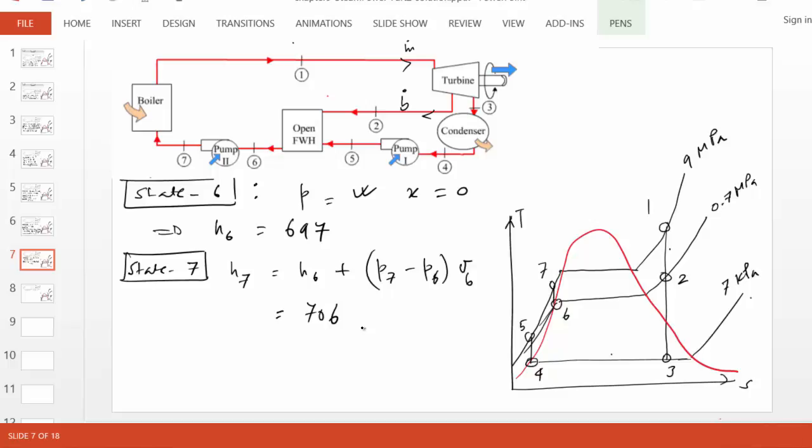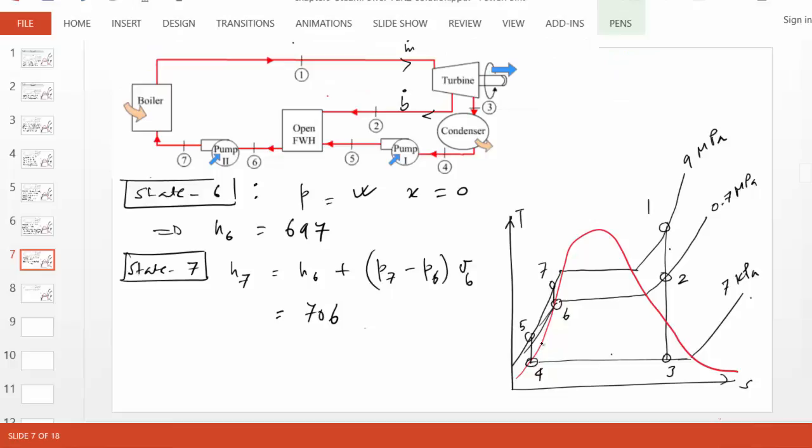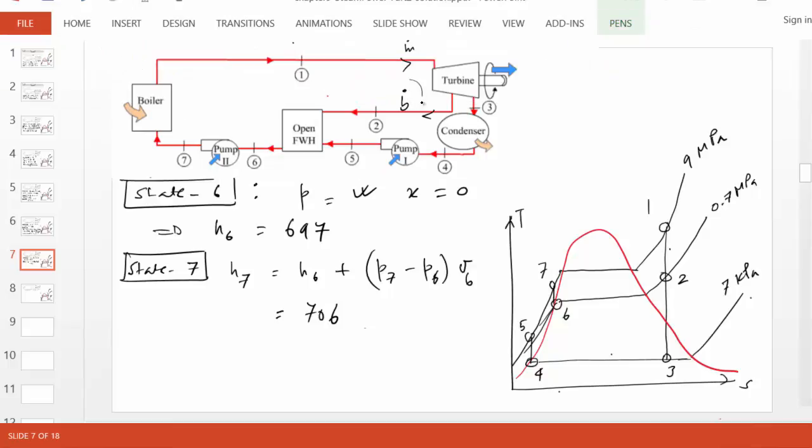So let's now get to the energy analysis. Now that we have evaluated the values of enthalpies of each state, we need to reduce one variable, because right now we still have two mass flow rates, and one of them can be eliminated. How? That's done by an energy balance on the open feed water heater.